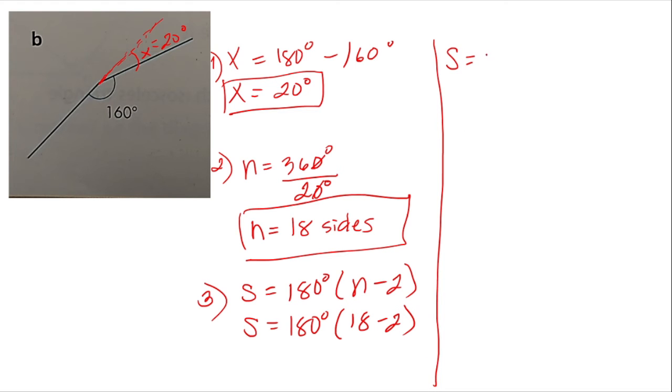S is equal to 180 degrees times 16. So S is equal to 2,880 degrees. Okay. Next.